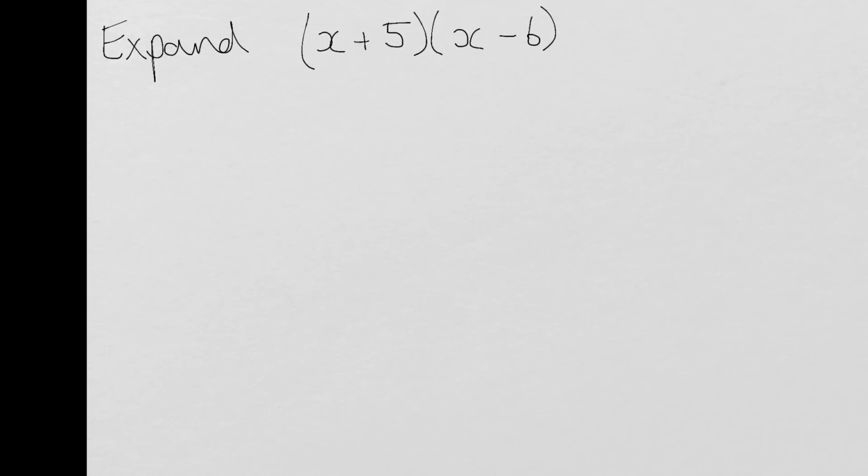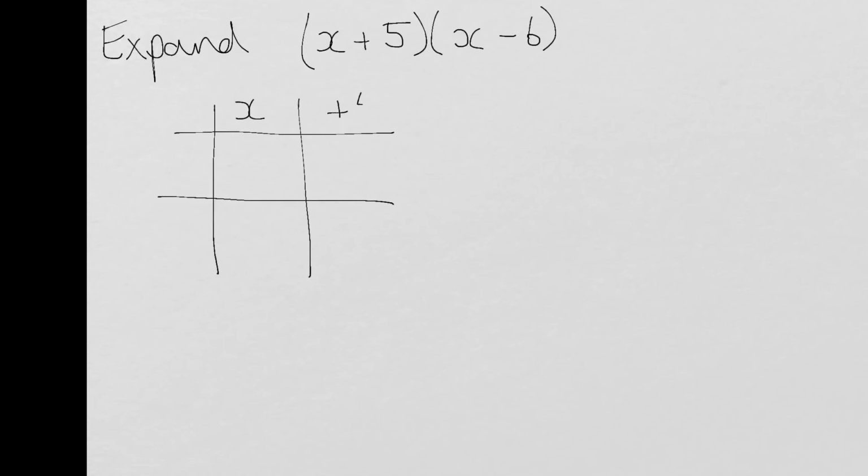Here we've been asked to expand x plus 5 with x minus 6. Start by setting up your table in exactly the same way. I'm going to put these in as well just to make it a bit clearer this time. So x and positive 5, and then x with minus 6. If I multiply x by x, I'm going to get x squared.